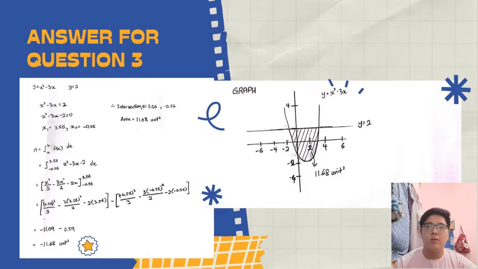We know that x1 is 3.56 and x2 is negative 0.56. Both of these x values are the intersections of the functions.